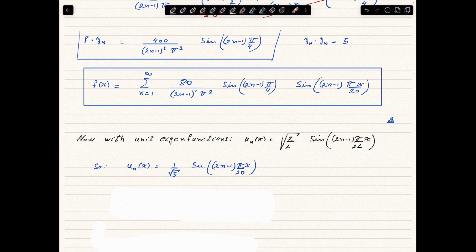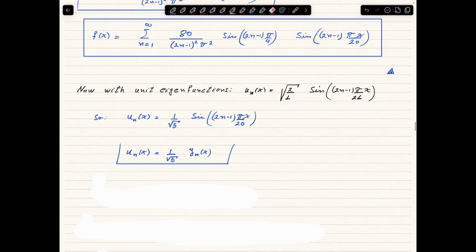Well, then we are going to get this extra factor, and then when we do so, one eigenfunction is proportional to the other with this new factor now. So now we have an expansion of the function f with new coefficients.